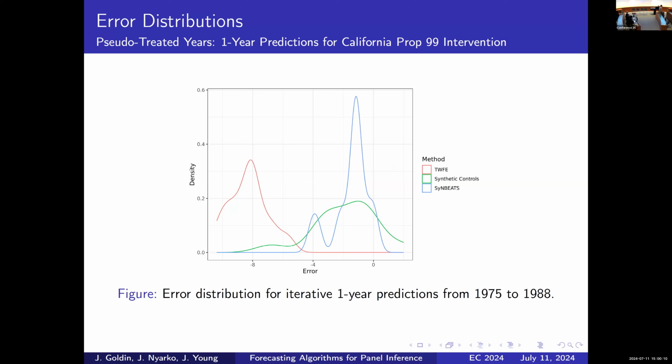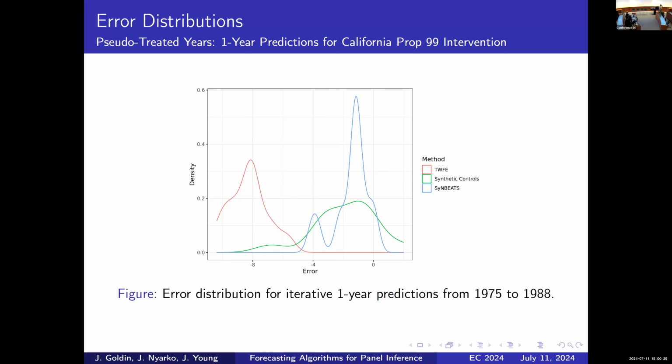The notable thing is that if you're predicting 1975, you don't have a lot of training data points at all, because the data set starts in 1970. If I form my training set where I only use one lagged outcome, for example, I'm only going to have 4 training data points to predict 1975.